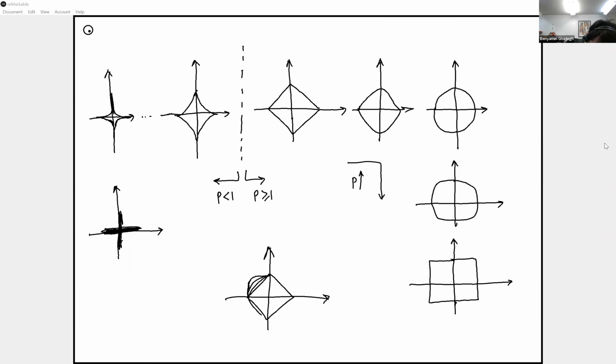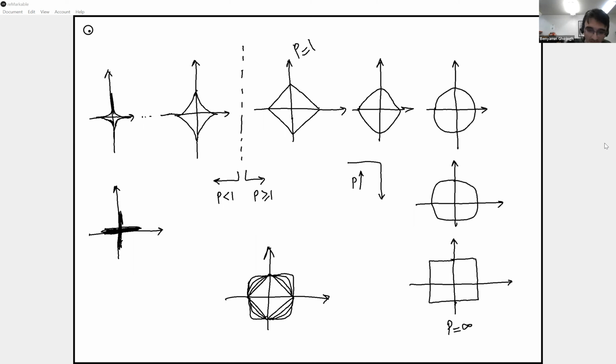Also here, we are increasing P gradually. So P here is 1, and here P is infinity, the Chebyshev norm.